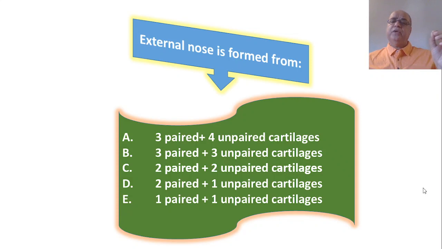They can be 3, they can be 2, they can be 4, but usually they are unpaired cartilages. So in this question, 2 paired and 2 unpaired cartilages is the closest option. So that's why this will be the answer.